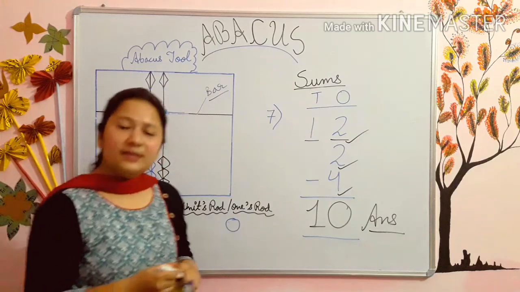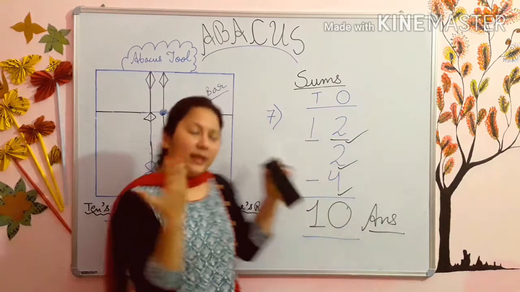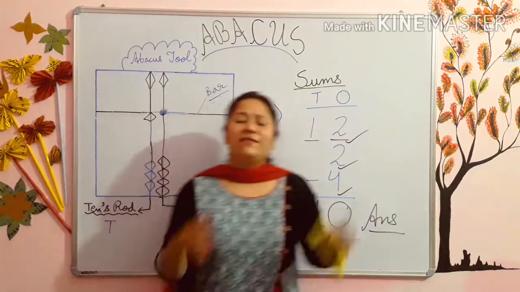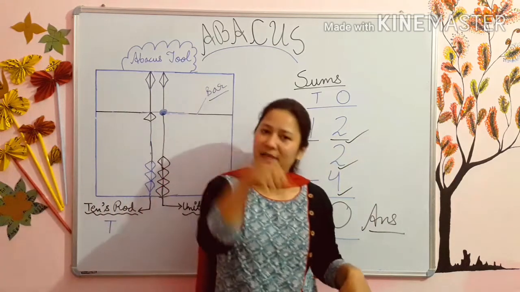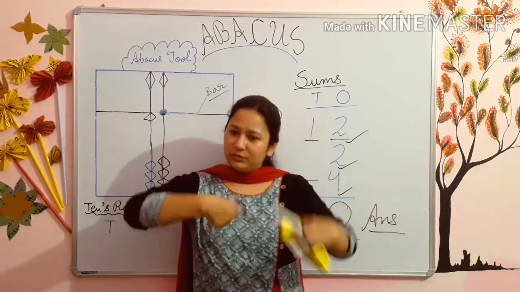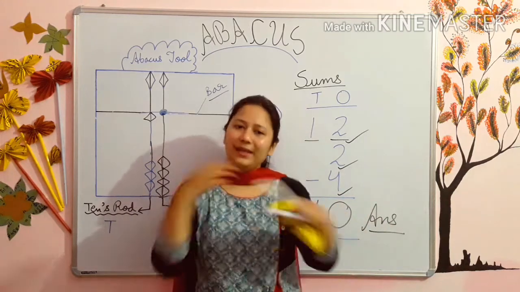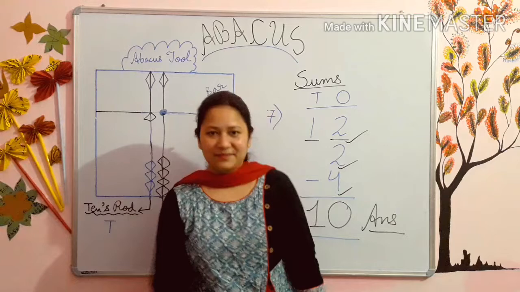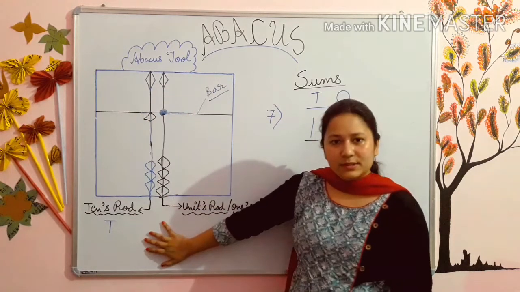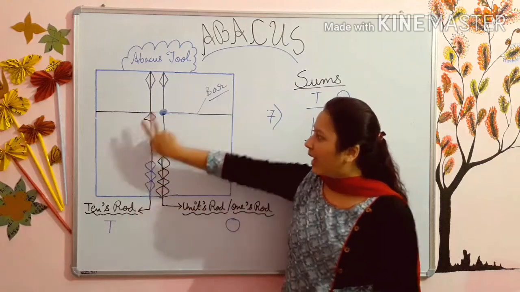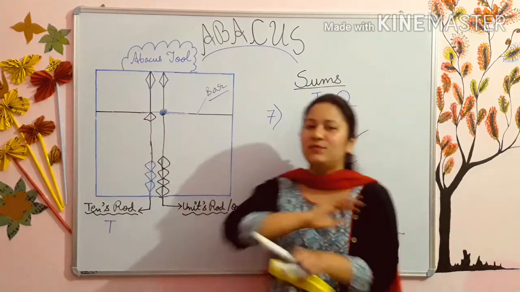I hope kids you get today's sums and they are very easy if you will do with me. So just play my video and do the sums with me. You can easily practice the abacus. Kids, you have to do the sums in this tool only and in this 2 rods. It's very easy.